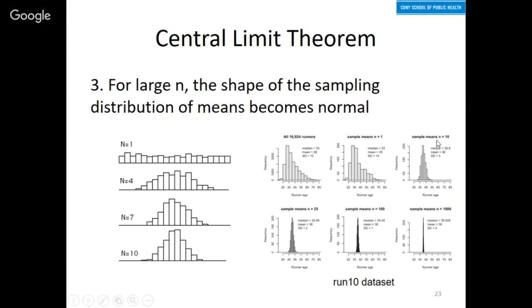The sample means of samples of size 10, and already it looks pretty normal, right? It now looks symmetric, and it gets harder to see here because they're getting smaller and smaller, but from 25 on, these look really like normal distributions. It's just that their standard error is getting smaller and smaller because they're larger sample sizes. And the standard error is equal to the standard deviation over square root of n.